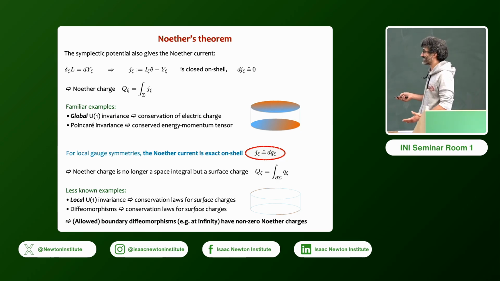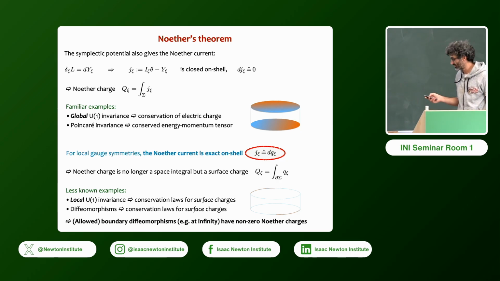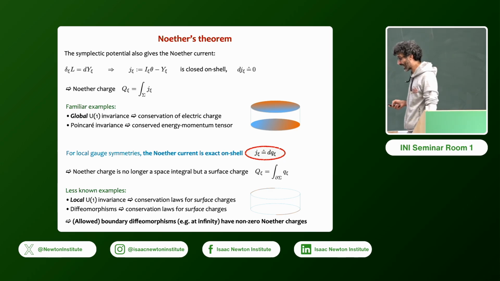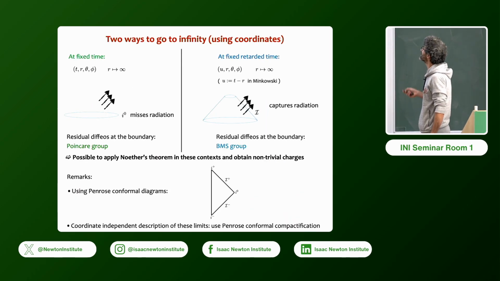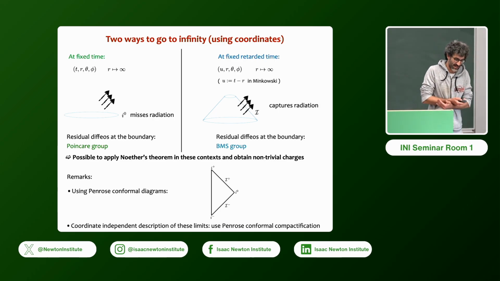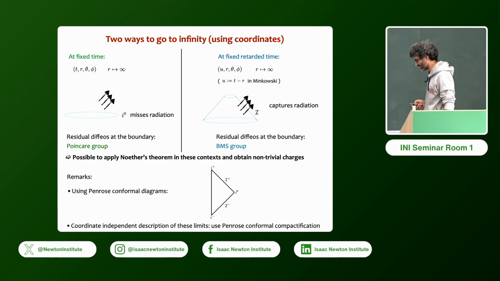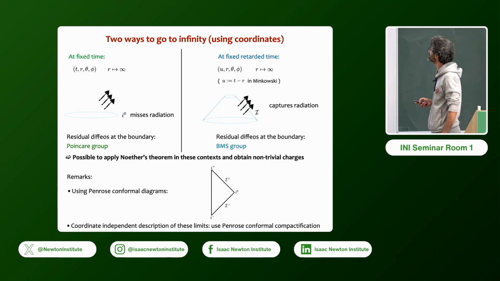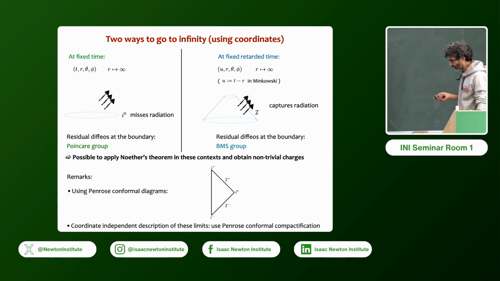So a case in which this happens, that you have interesting corners and non-trivial allowed diffeomorphisms there, is at infinity. So this is where the contact comes with this modeling of isolated gravitational systems. There are two infinities that are usually considered most commonly.